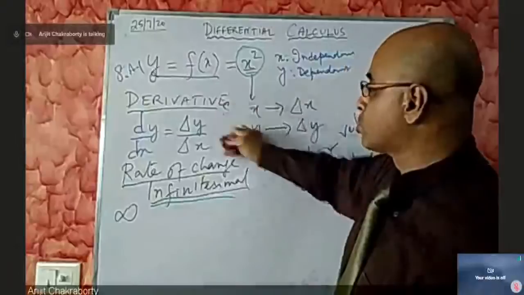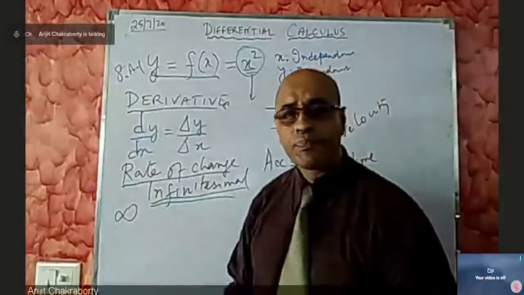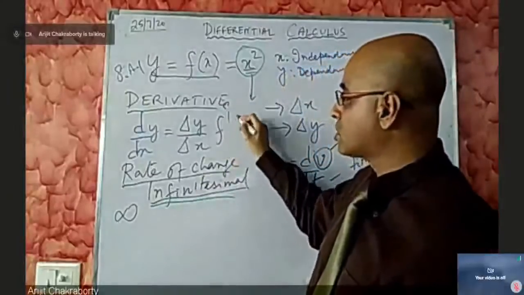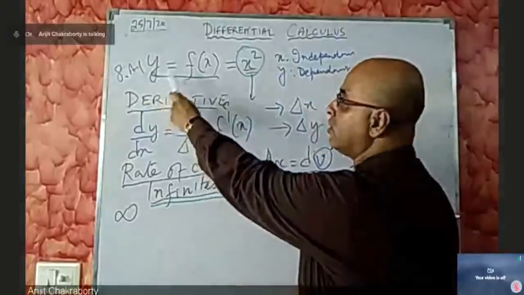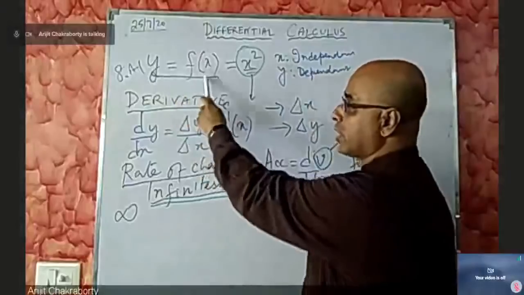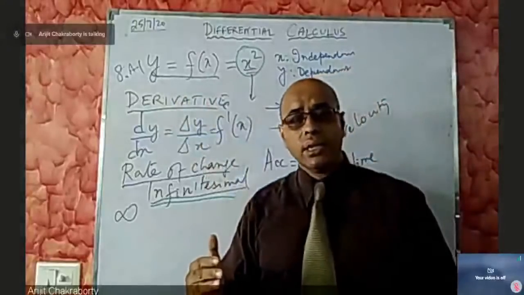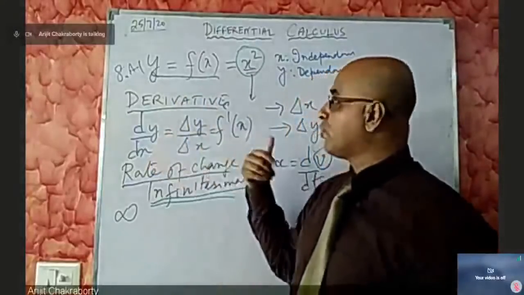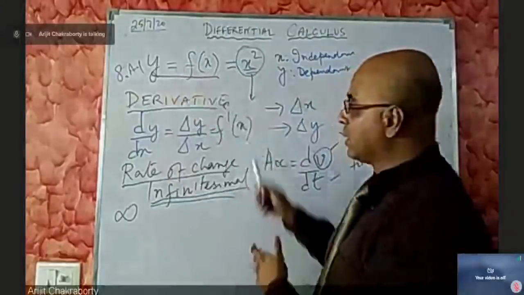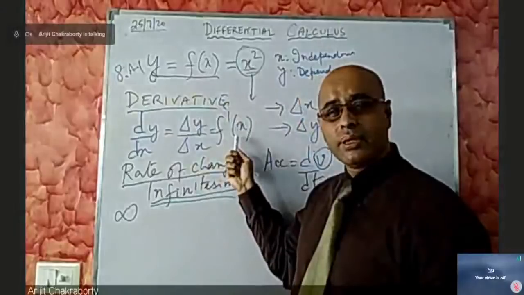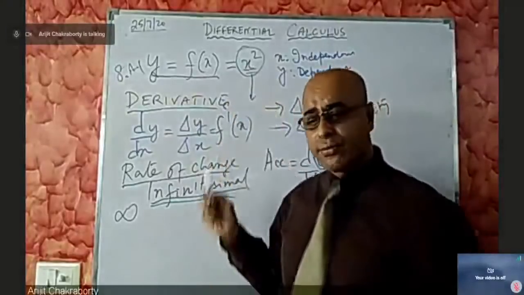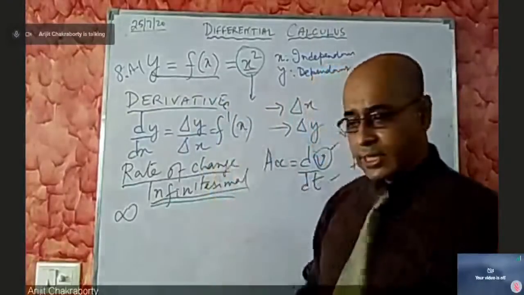It is also shown by another symbol, f dot x. f(x) we know is y equal to f(x), but when we find the derivative of f(x), we call it f slash x, with a small slash at the top, f slash x or f dot x.